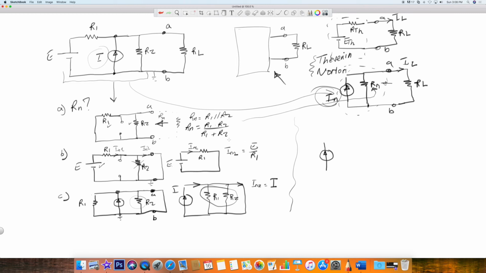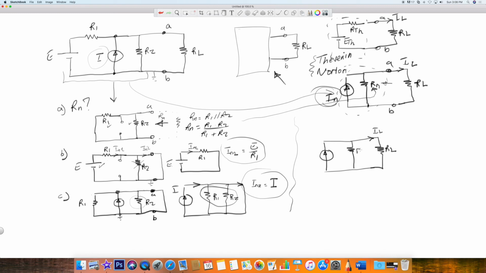And remember, you have this partial current here, and you have this partial current here. Now remember, that is not I load yet. A lot of people jump to conclusions and assume these two are the I load. They're not. So I load here, we still don't know that, now that I'm considering the load back into this circuit.